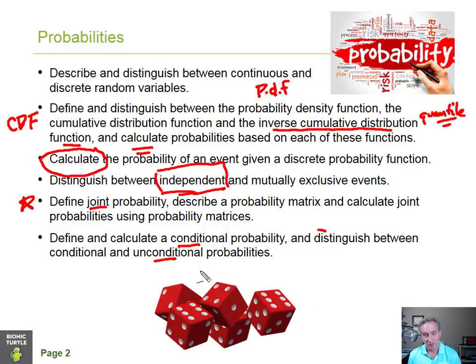So if you happen to be taking notes, you don't need to because the slides are downloadable, but definitely keep in mind that it's really important that we distinguish between joint probability, conditional probability, and unconditional probability.